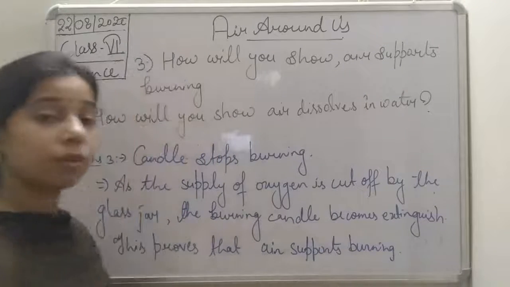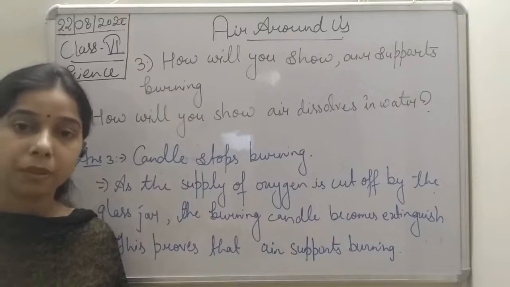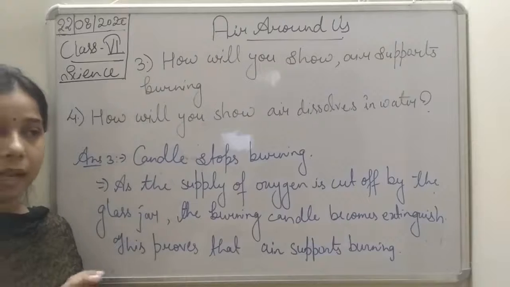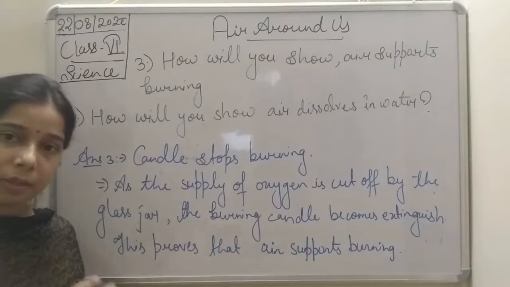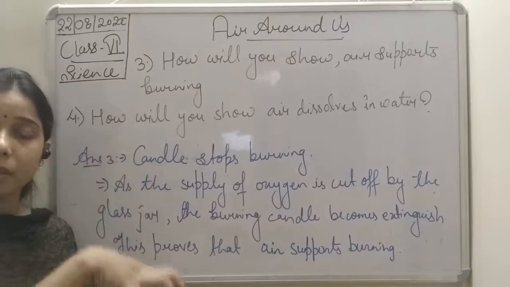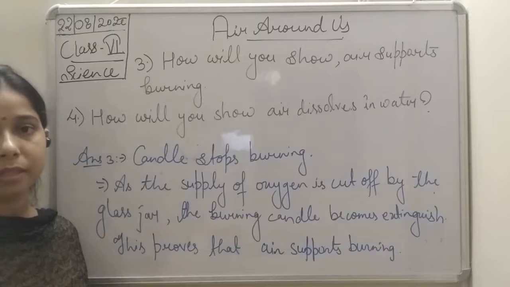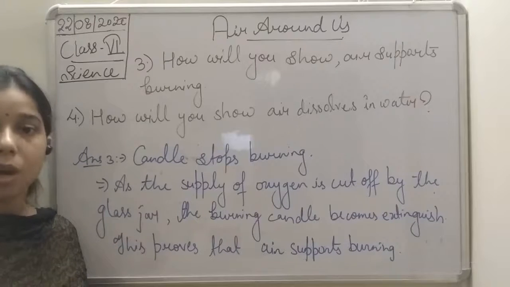So you see here, students, the activity that we have done, in which we have taken the candle. When we burn the candle, what will happen? At that time it will continuously burn because a continuous supply of air is there. As you kept the glass jar over the burning candle, after a few seconds you will see that the candle stops burning. Why is this so?